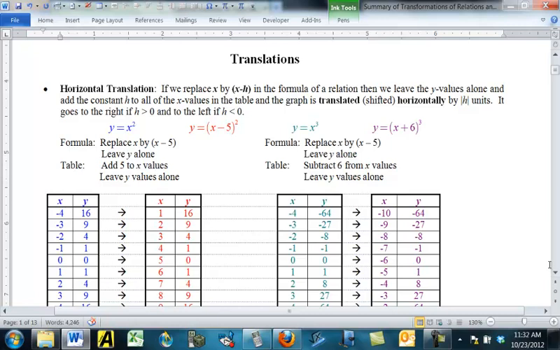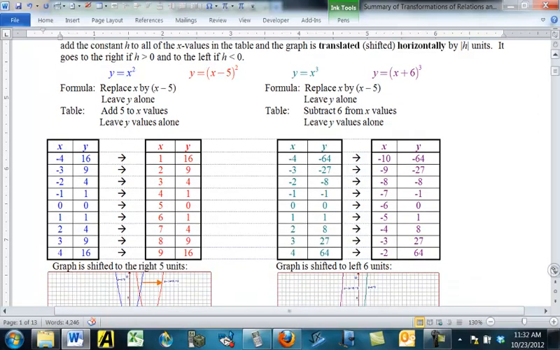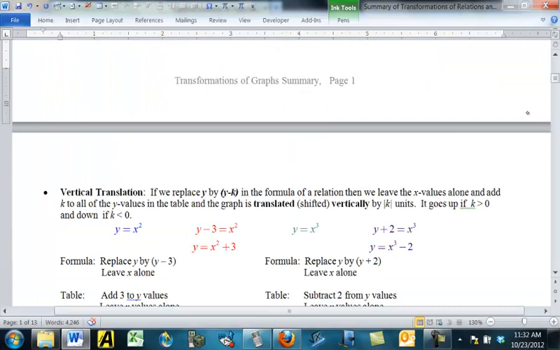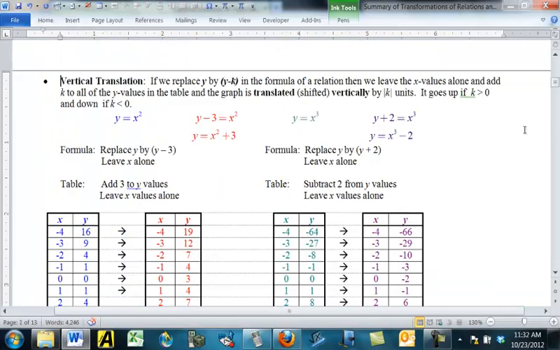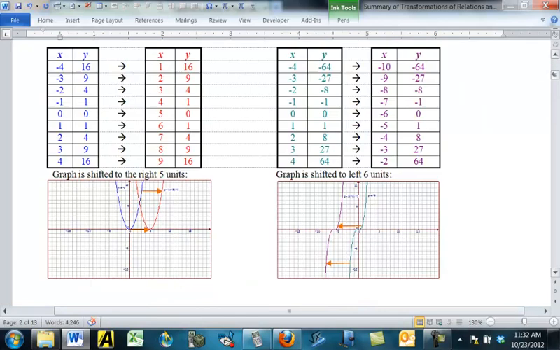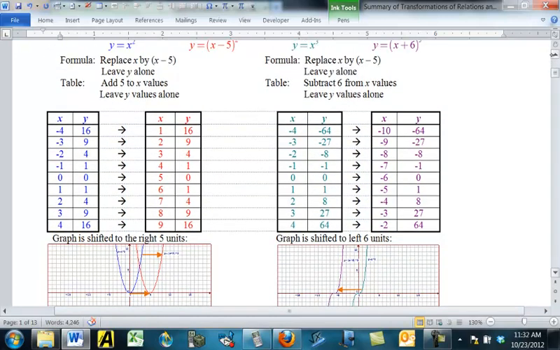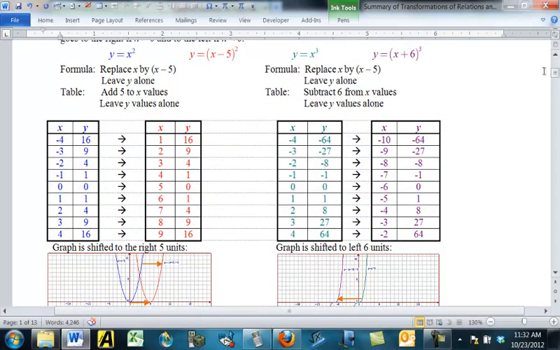So looking at some examples here, you see y equals x squared, and y equals, in parentheses, x minus 5 squared. You can see that we've simply replaced the x by x minus 5 and left the y's alone.